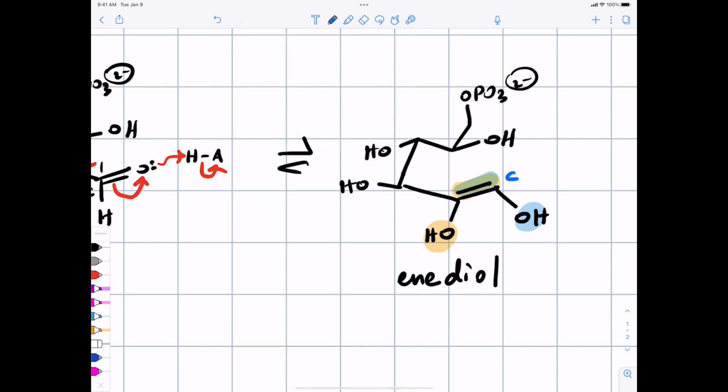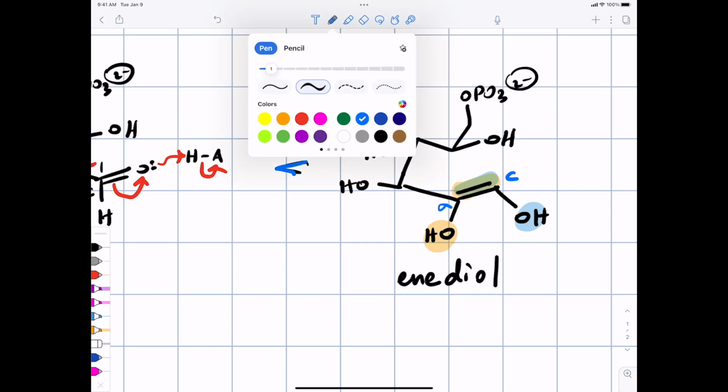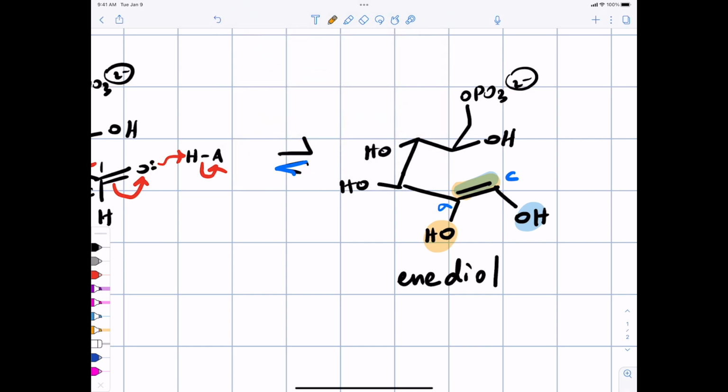And we could still go backwards, but do you see how, because of the presence of the OH group on the alpha carbon or on carbon 2, this could also be a carbonyl carbon and that could be an alpha carbon.